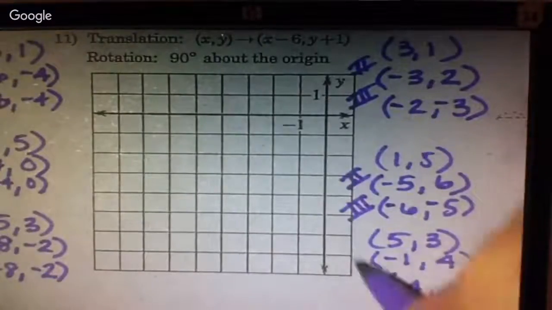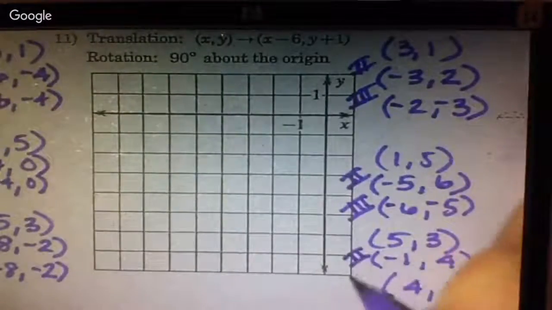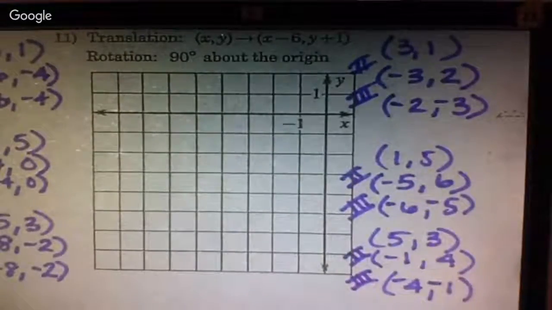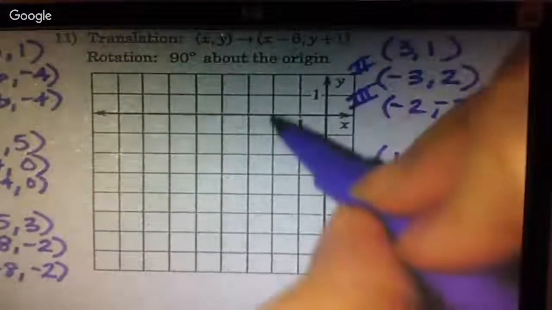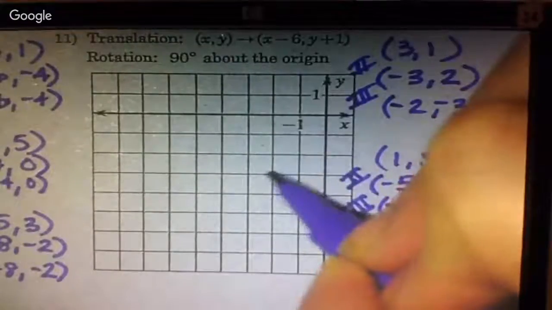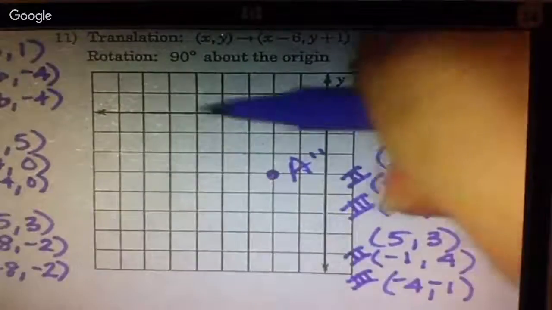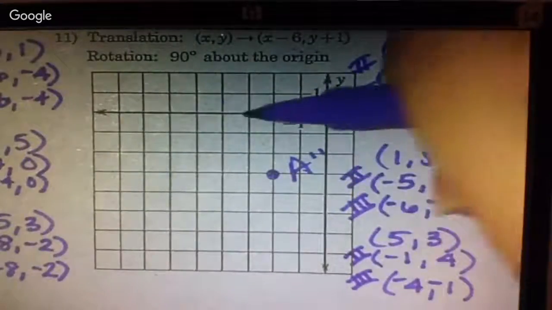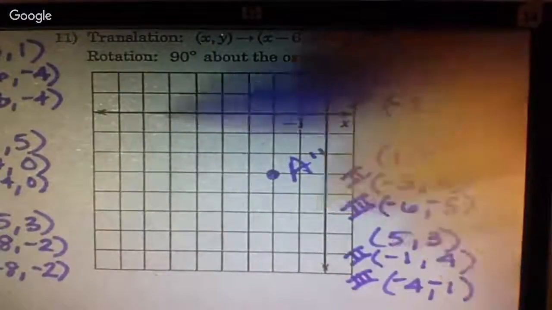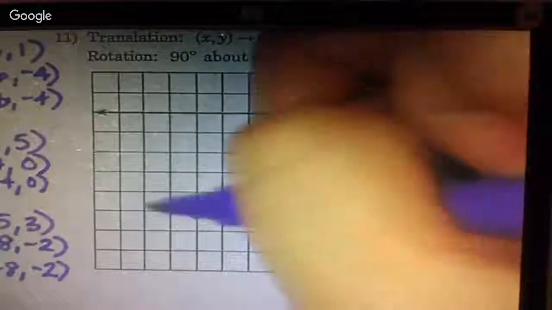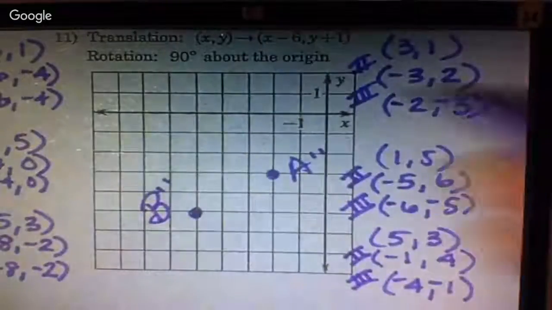My last one also started in 2, so it's going to end in 3. So we're at negative 2, negative 3. Here's A double prime. Here's B double prime.